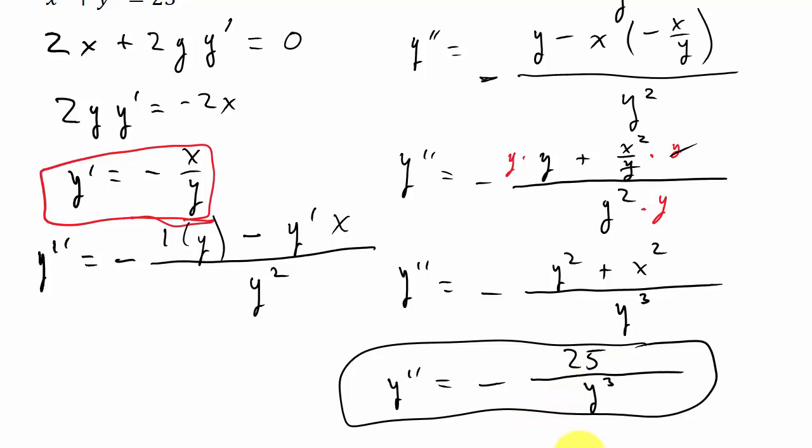Look at this: isn't this x squared plus y squared? And what's x squared plus y squared? It's 25. So I just replaced x squared plus y squared with 25, and there's my answer, negative 25 over y cubed.